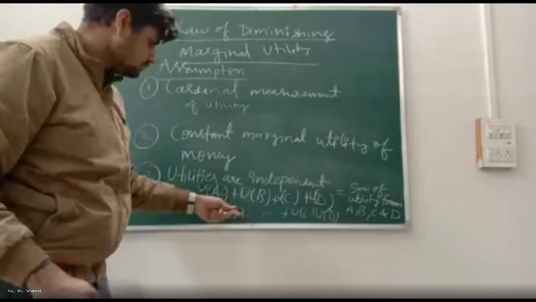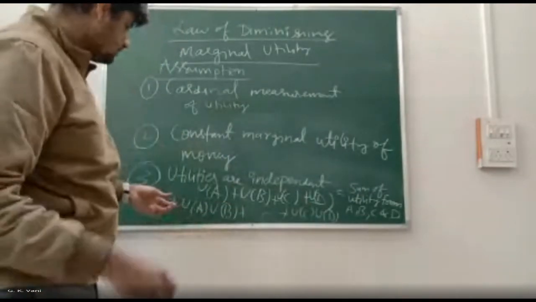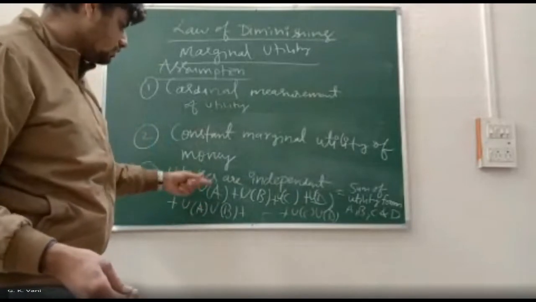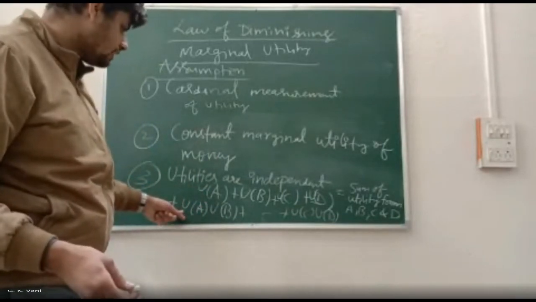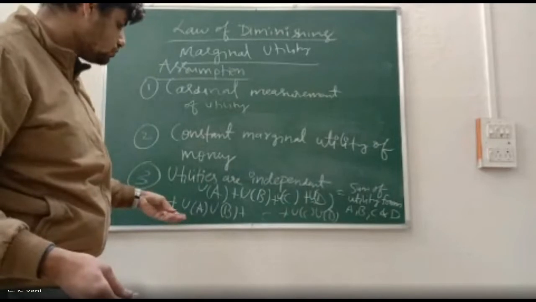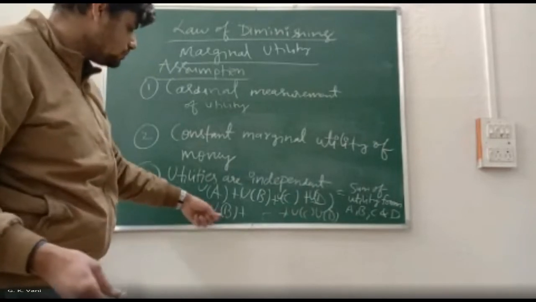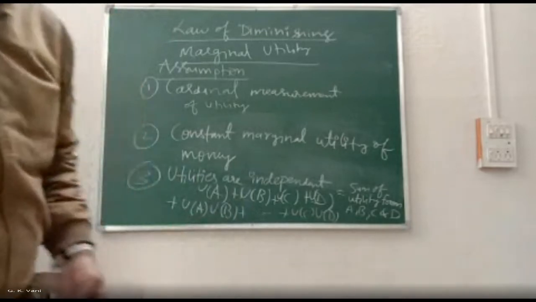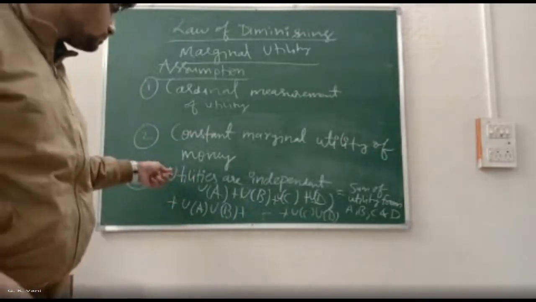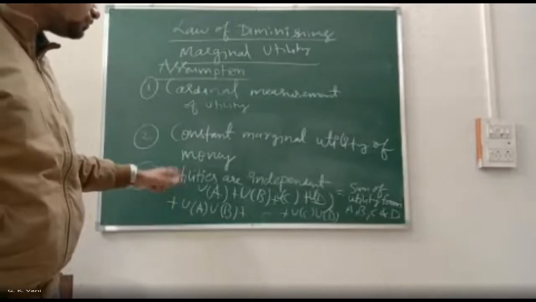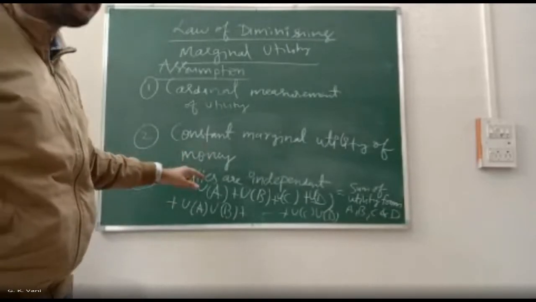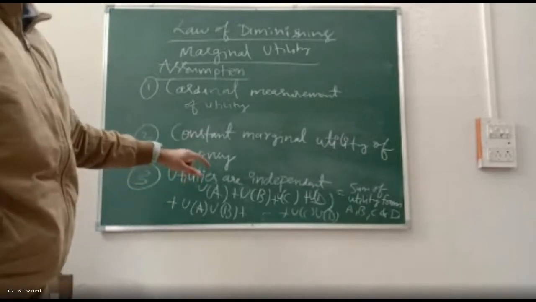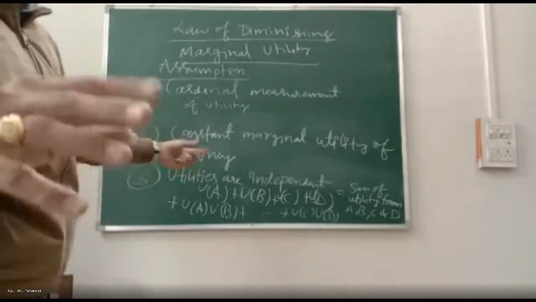If there is a higher level of mutual dependence, then you can write UA, UB, UC, UD also. So this is important: utilities are independent. Utility from apple and utility from orange are independent. Again, utility of grape is independent of utility derived from apple.